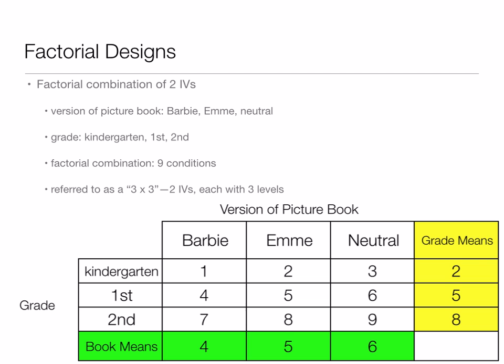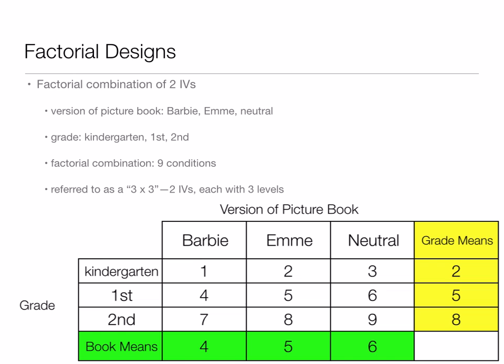And again, what's important to know is that we're pairing each one of these with each other level. So Barbie in kindergarten, Barbie in first grade, Barbie in second grade, M in kindergarten, M in first grade, M in second grade, neutral. So that's how we get to those 9 factorial combinations: we pair each level of one independent variable with each level of the other independent variable.